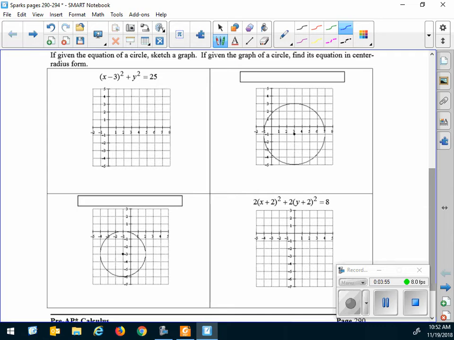Okay, next piece. If given the equation of the circle, sketch the graph. If given the graph, find the equation in center radius form. All right. Look right here. What's the center? 3, 0. Yep, center is 3, 0. What's the radius? Radius is 5. 1, 2, 3, 4, 5.